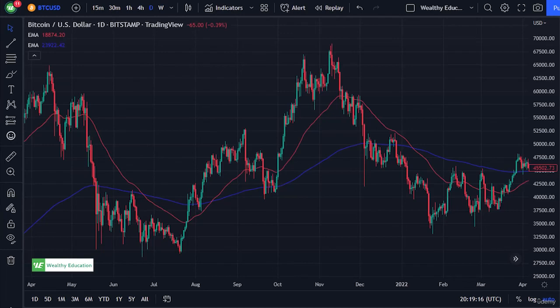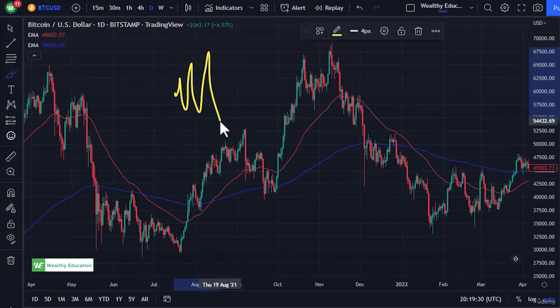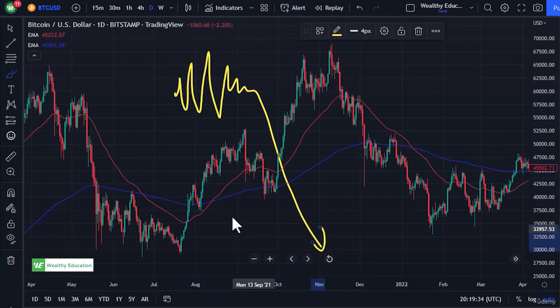So the diamond top pattern, which is just the exact opposite of the diamond bottom pattern, is when you have basically action like this after a big move higher.